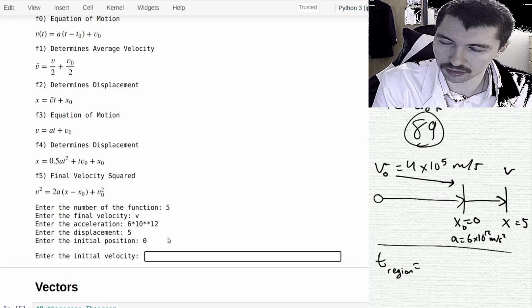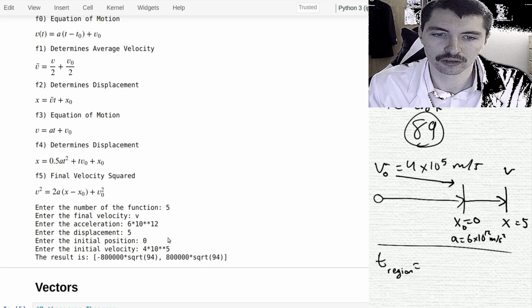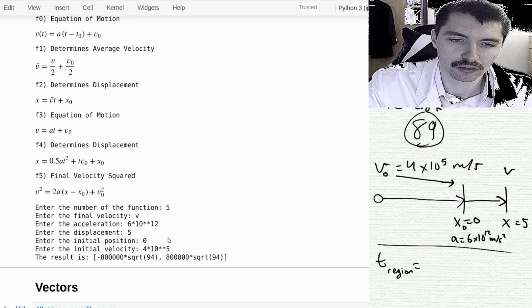Initial velocity is 4 times 10 to the 5.